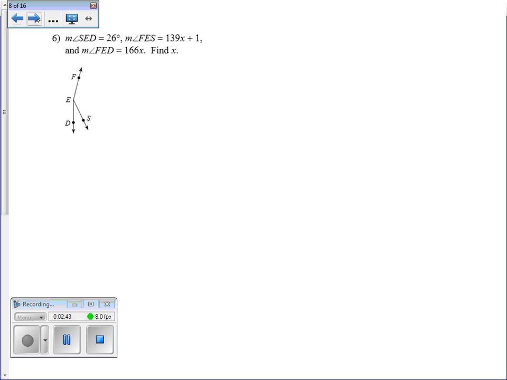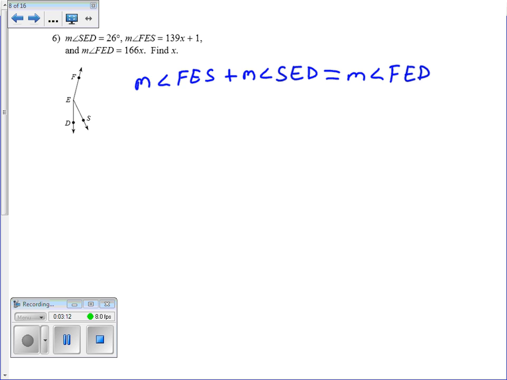S is on the interior of FED. So, angle addition postulate again. Measure of angle FES plus the measure of angle SED is equal to the measure of angle FED. So let's see what is given.